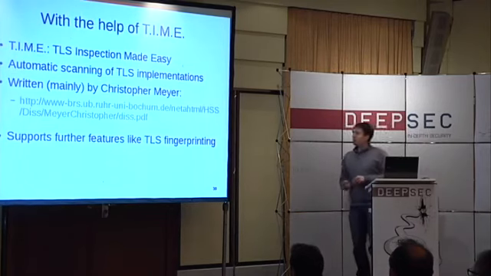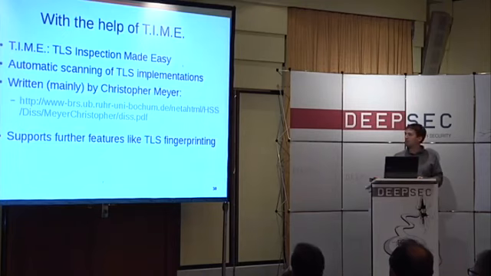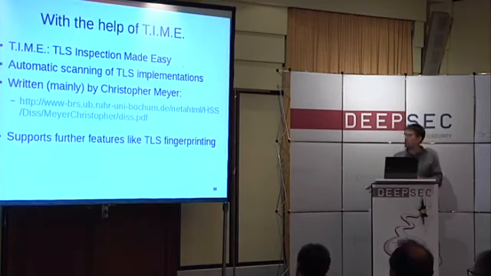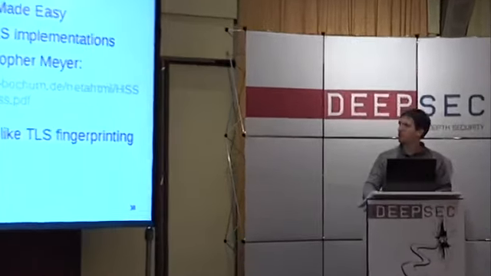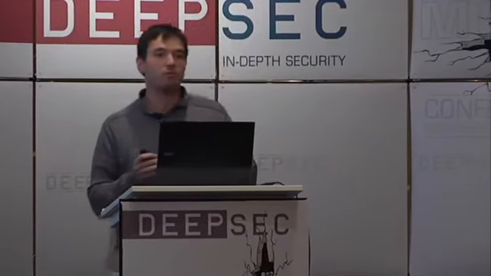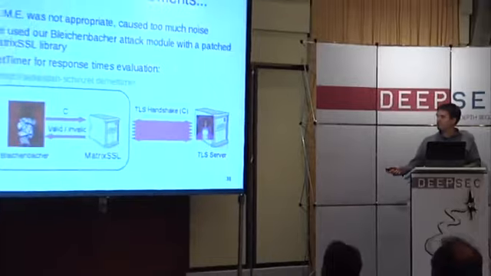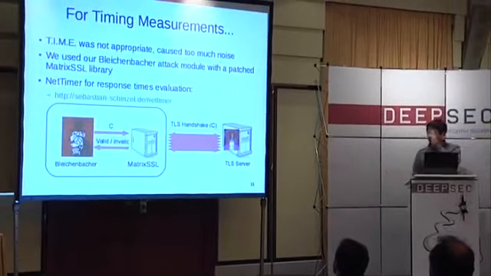The research was executed with the help of a framework called TLS-Attacker, which is described in the thesis of my colleague Chris Meyer. It supports features like SSL/TLS fingerprinting and so on. For timing measurements, we used a MatrixSSL client library because the framework was written in Java and was too heavy, and we used the MatrixSSL library with our Bleichenbacher framework to execute attacks on TLS servers.